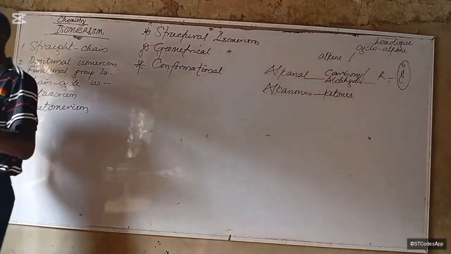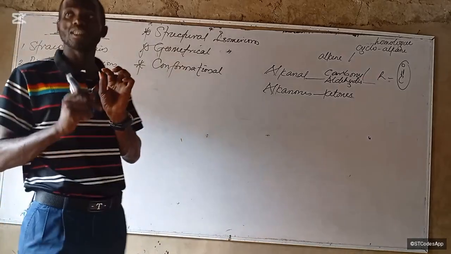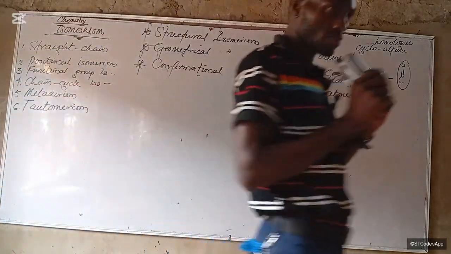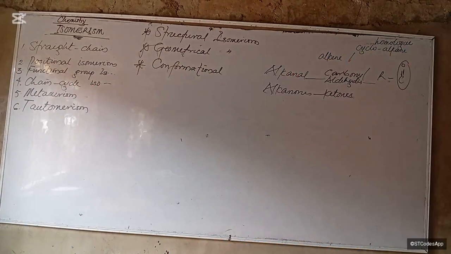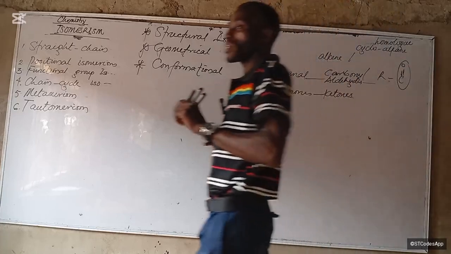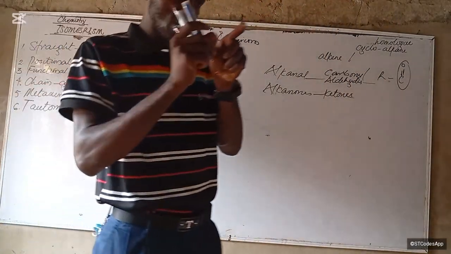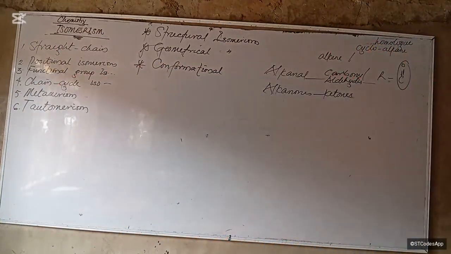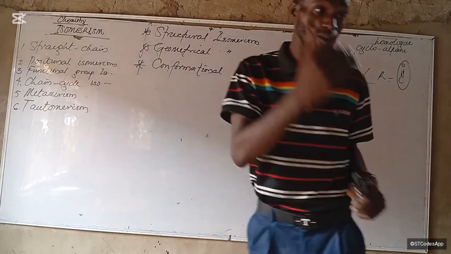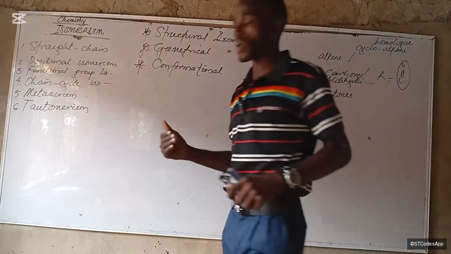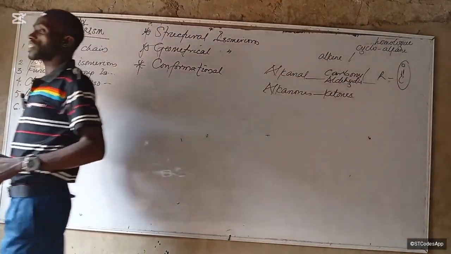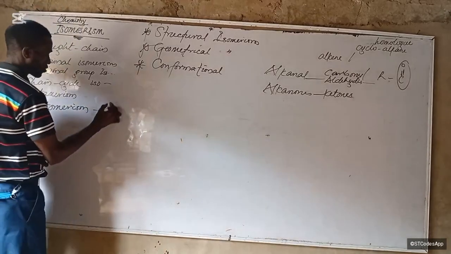It exists when there is a dynamic equilibrium between two forms of a molecule or two forms of a compound. This is a phenomenon that exists when there is dynamic equilibrium. Dynamic, for those that cannot spell it.